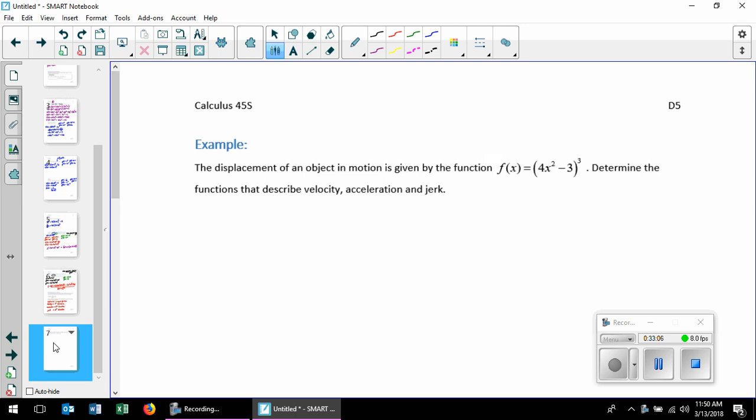Easy peasy. It's asking us to find velocity, acceleration, and the jerk. Okay, things are going to get big, and I left you a whole page to do this.